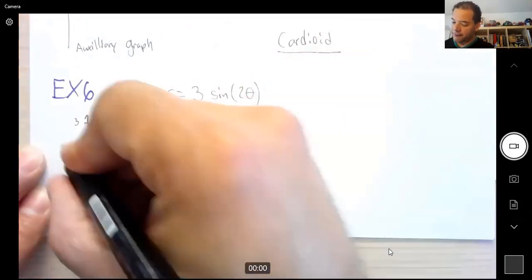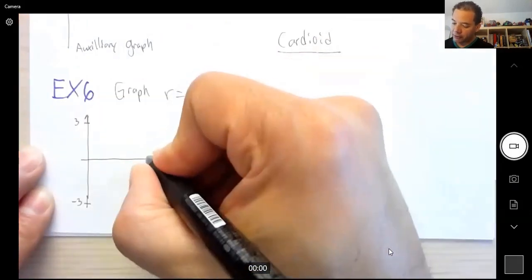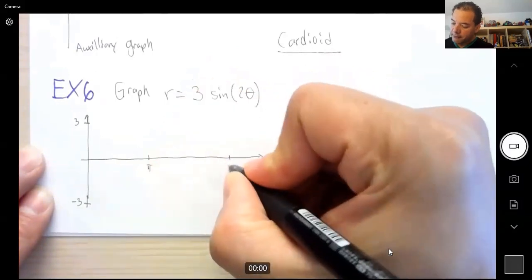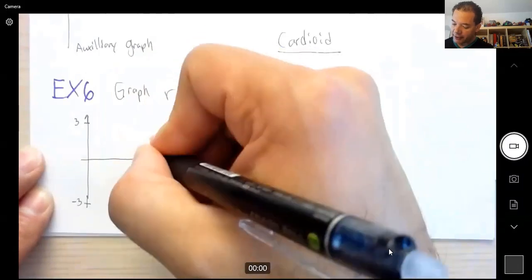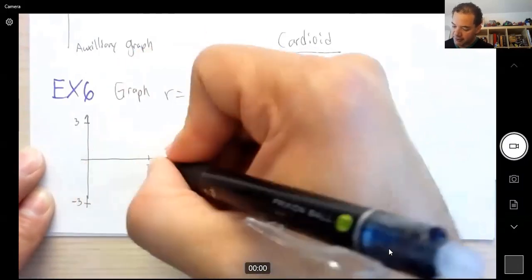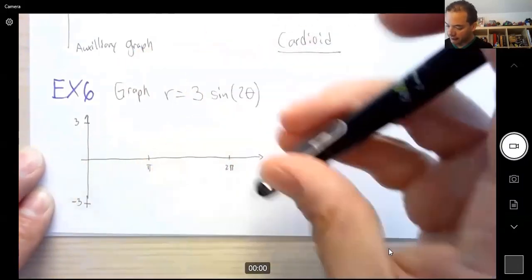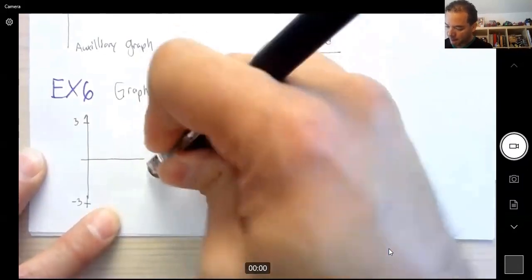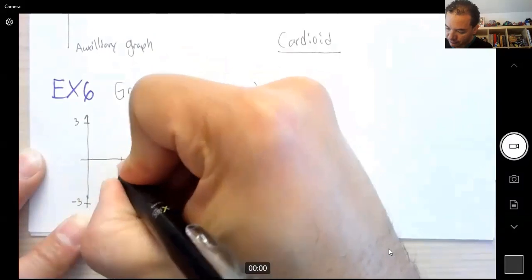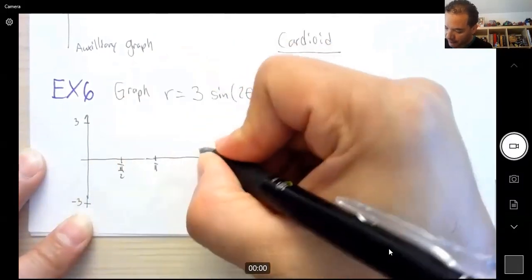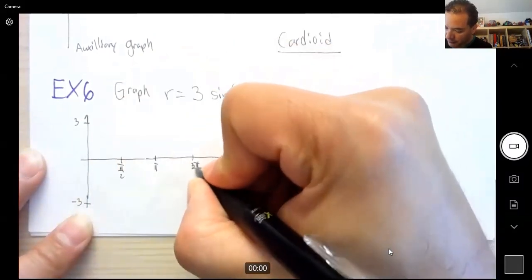So we're going to have the entire oscillation of sine between 0 and pi, and then the repetition of that from pi to 2 pi. So pi over 2 here, this will be 3 pi over 2.